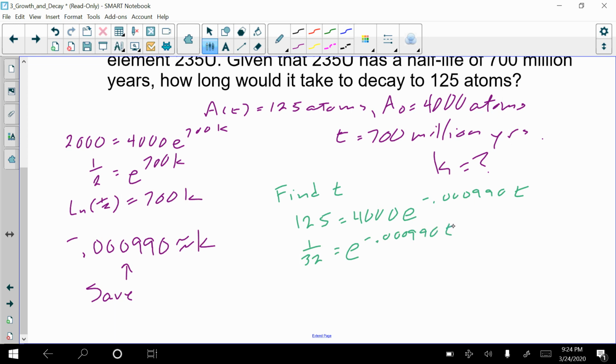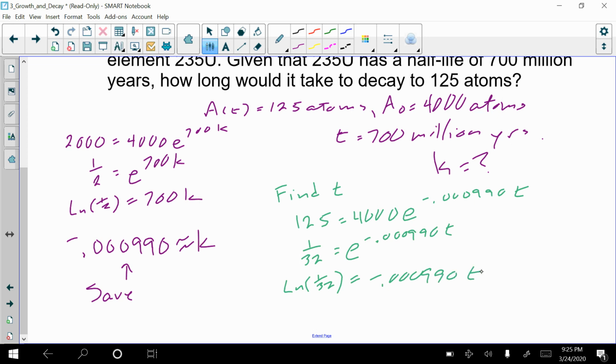0.000990t. And again, t is in the exponent's position, so we have to take the natural log here, and I will get the natural log of 1 over 32 to be equal to negative 0.000990 times time.